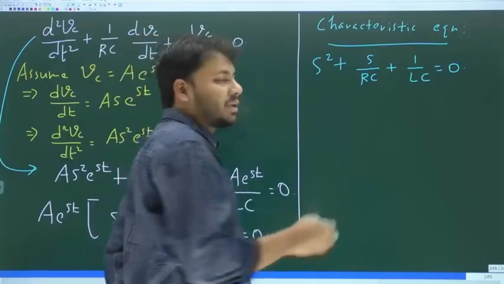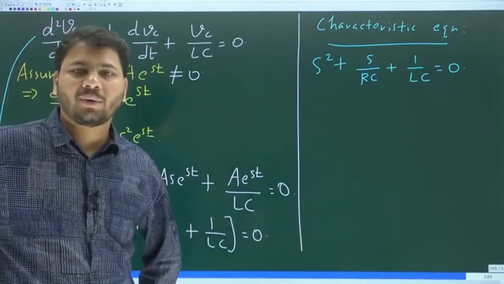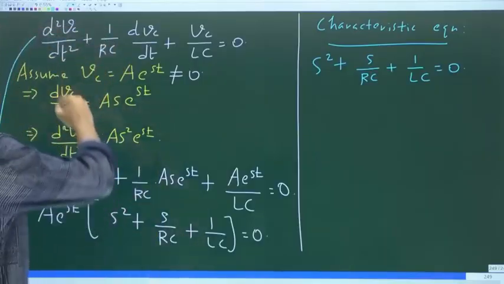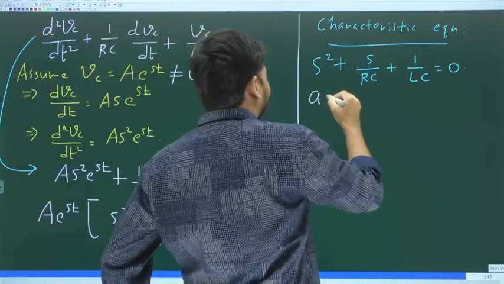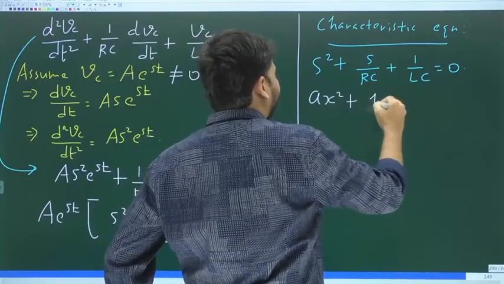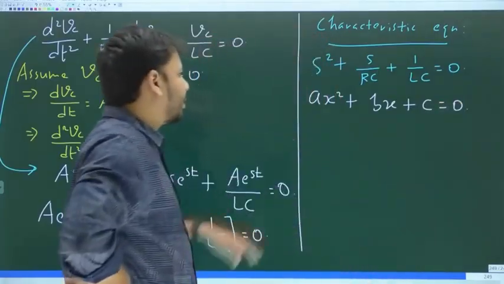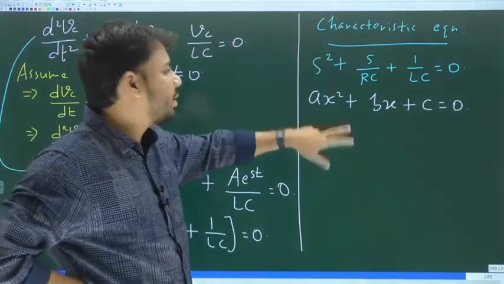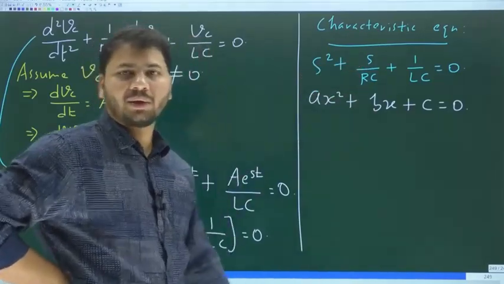In the standard form of a quadratic equation, just for reference, let me write it: a x square plus b x plus c equal to 0. So what is a? 1. What is b? 1 by RC. What is c? 1 by LC.